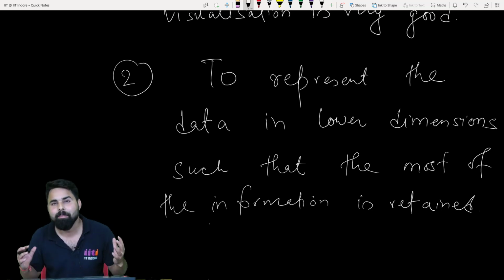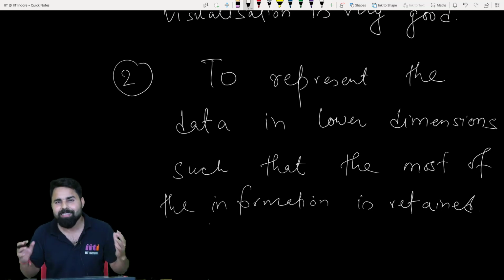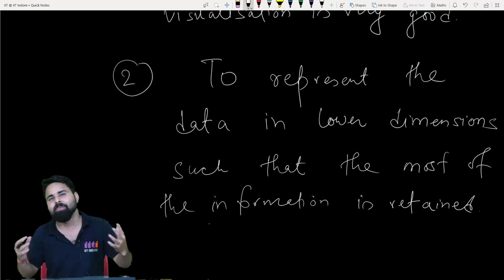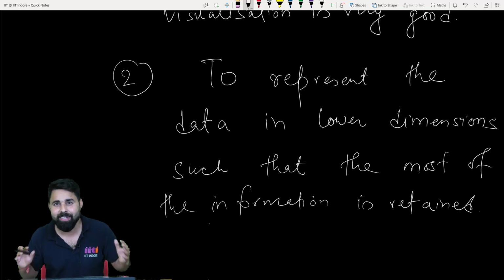So basically the aim is to reduce the size of data such that the maximum amount of information is still retained. And we want to visualize this data very clearly also.